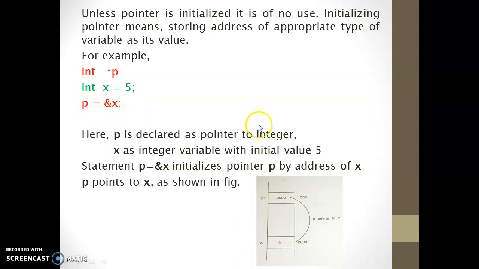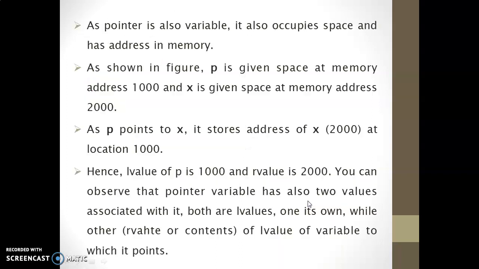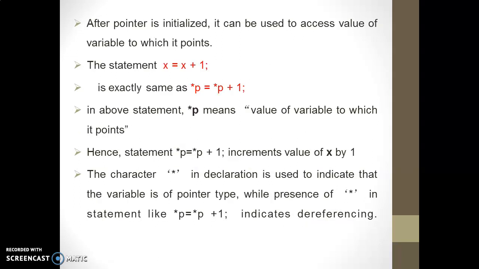In this diagram you can see that we have declared one variable x whose value is 5. Three things are very important. The first is the variable name. This indicates the value of the variable, and this indicates the address of that variable. So what will the pointer store? This address value will be in the pointer. And the pointer has its own address as well, right? Everything is listed out over here for your understanding.